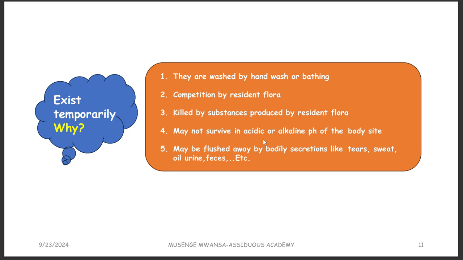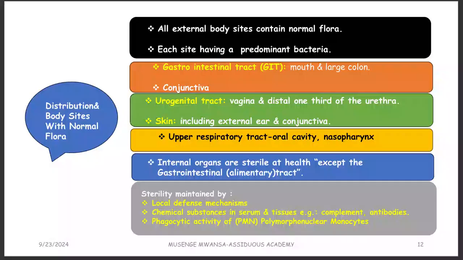They are killed by substances produced by resident flora, may not survive in the acidic or alkaline pH of the body site, and may be flushed away by bodily secretions like tears, sweat, urine, and feces. You see now what I mentioned about urine after intercourse. When you take a lot of water and flush your urethra, it can prevent UTIs and some other things.